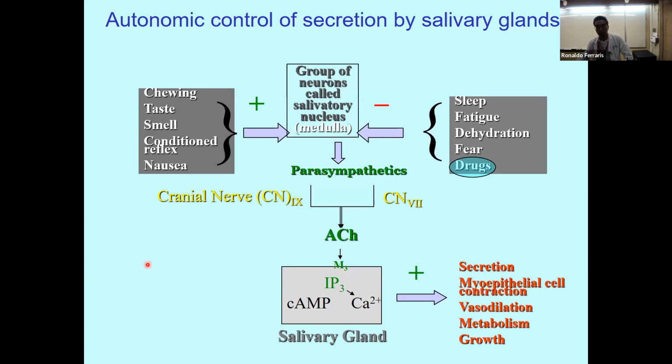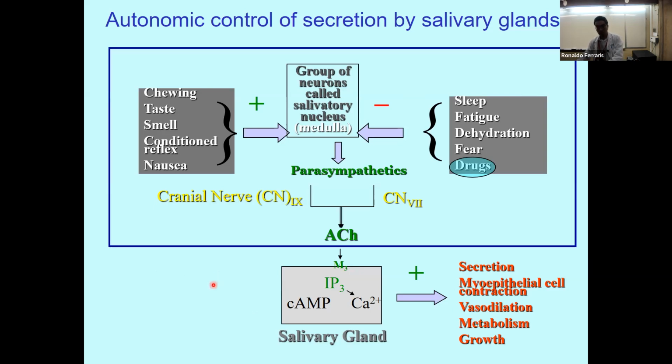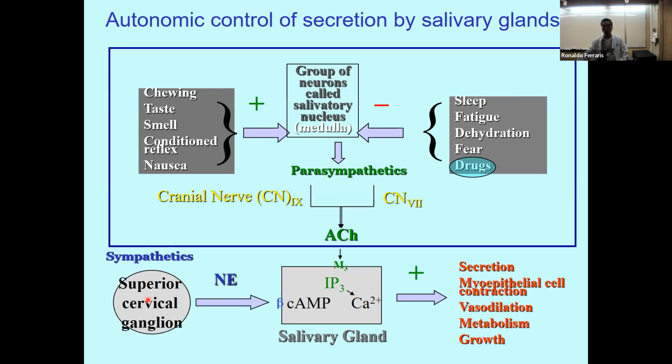Your sympathetic nervous system here also actually stimulates the salivary glands, but its impact is actually minor. The major regulator of your salivary gland is really the parasympathetic nervous system. So if you want to salivate, you will stimulate the parasympathetic nervous system.